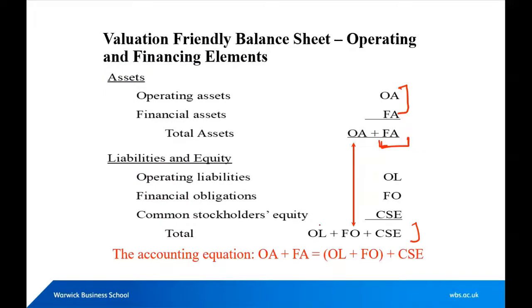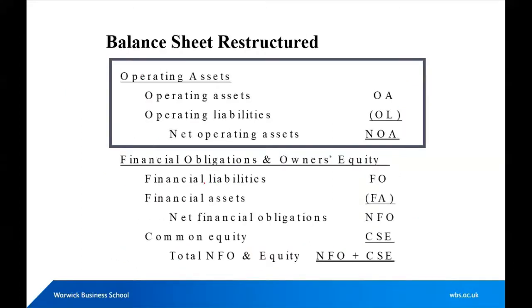What can we do? We can take the operating liabilities here, and we can think of operating assets, and we can also separate the financial assets and financial obligations separately. The things in the box are the things of interest.